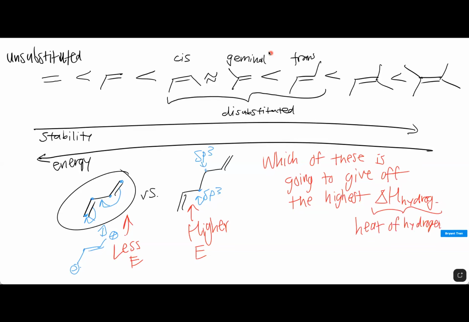And that form of energy comes off after the hydrogenation reaction, which is H2 and some kind of catalyst like Pd/C. So for example, some kind of alkene like that goes through H2 and a catalyst like Pd/C.